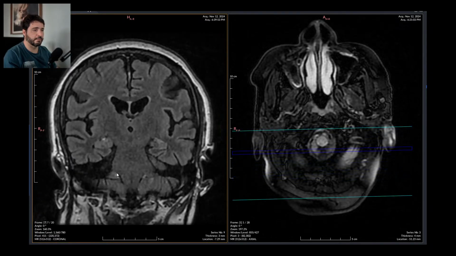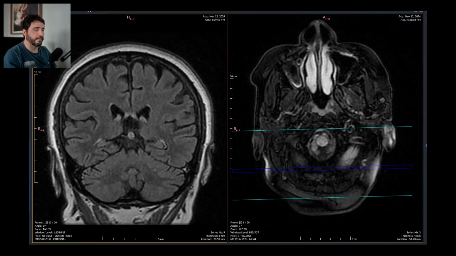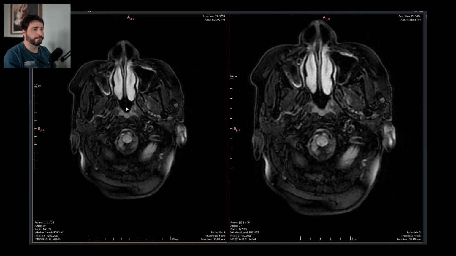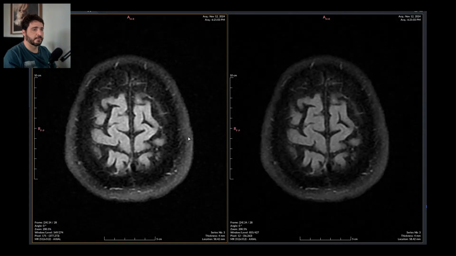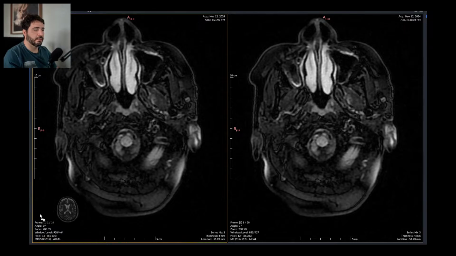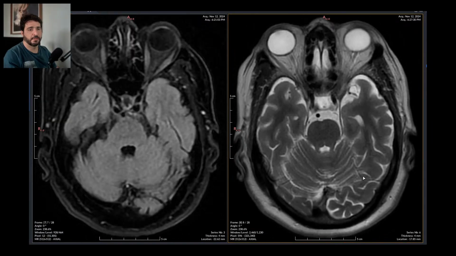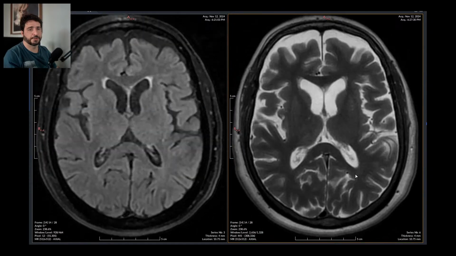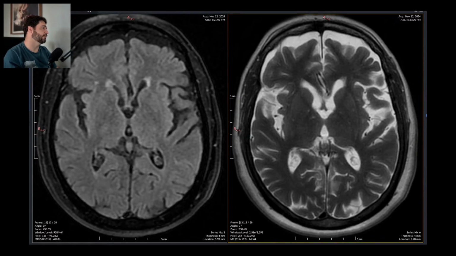This is a coronal for some reason. FLAIR is fine. Just going to grab a FLAIR. It's here, but just to be sure. No? Okay. T2 and FLAIR side by side just to finish it up. No, it's fine. So I have a template for this.